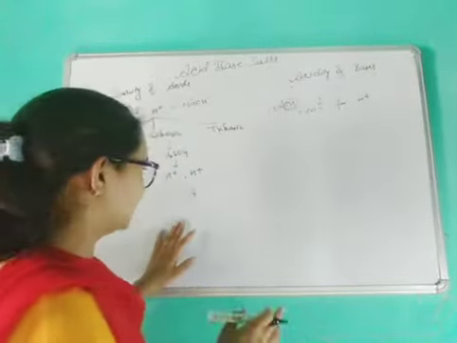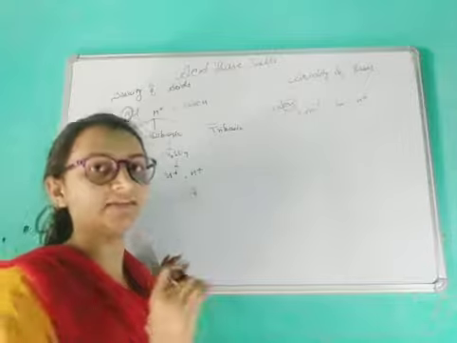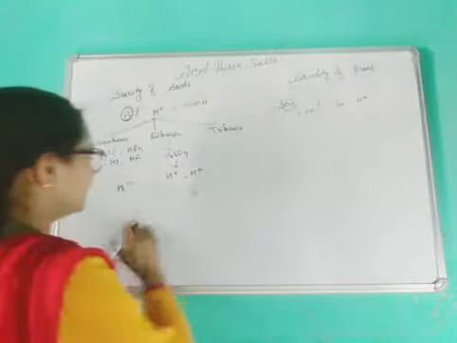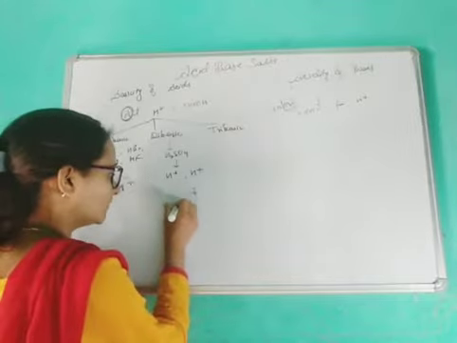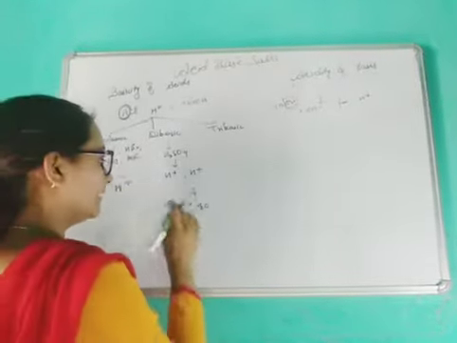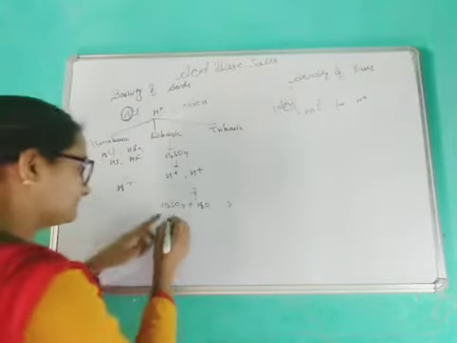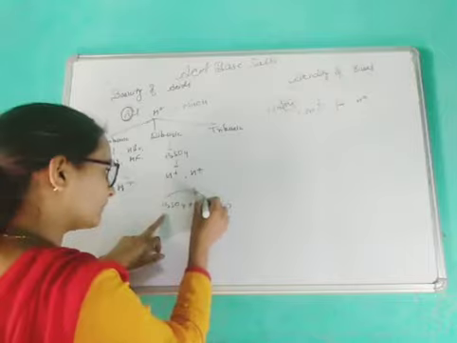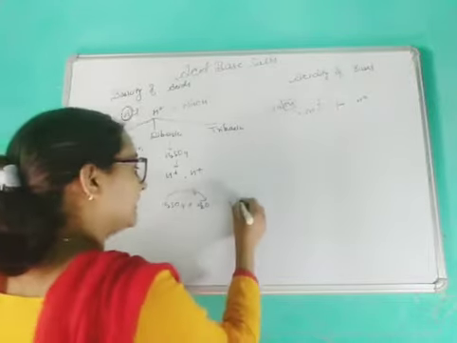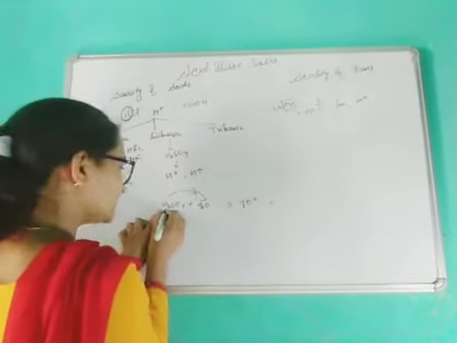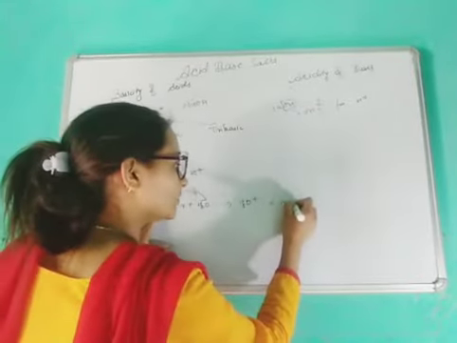We can do it directly, and if we want to, by handwritten. For example, see H2SO4 plus H2O. Then what will happen? One hydrogen will transfer to H2O. It will form H3O positive, and now one H is left, HSO4 negative.